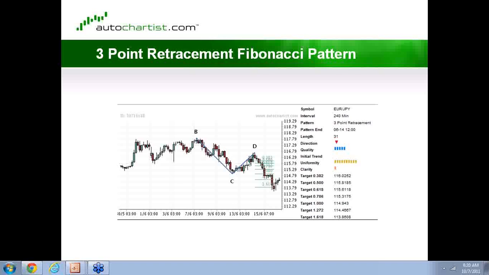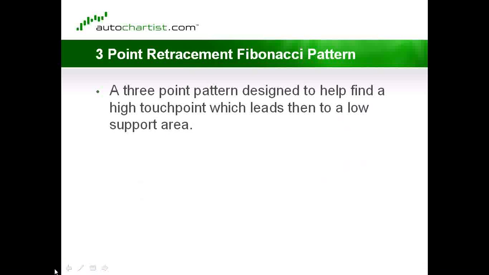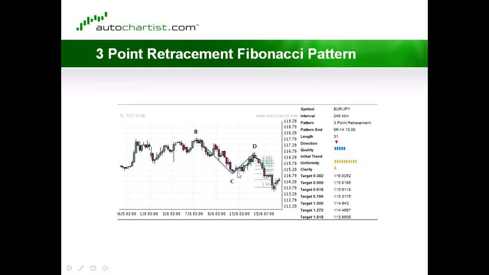That means that after point D is identified, you can start initiating new short positions. All right, let me move that back here. Sorry about that. And you have the choice to either try to pull the trade in on a retracement or let it go as it continues down. Once point D is identified, it tells you that that's an important swing, and it's important to the structure of the market.